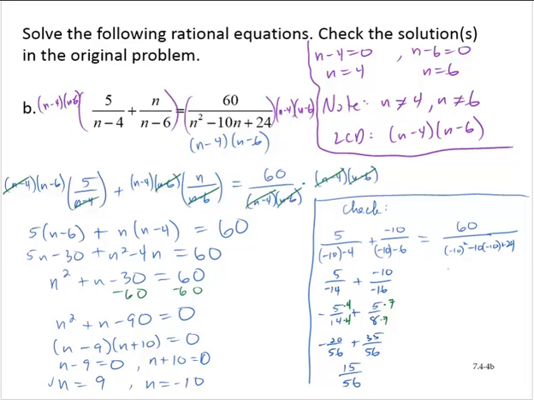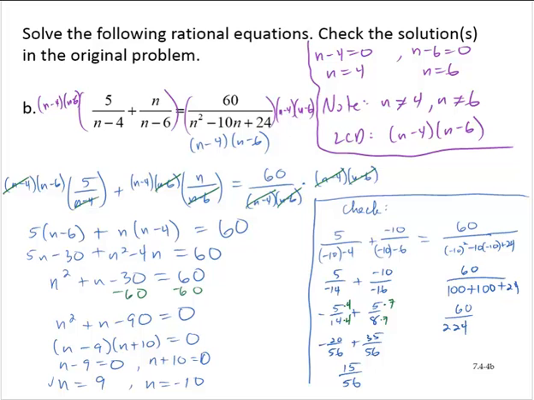Now on the right-hand side, we have 60 over, negative 10 squared is positive 100, so we have 100 plus, negative 10 times negative 10 is plus 100, plus 24. So that's 60 over 224.